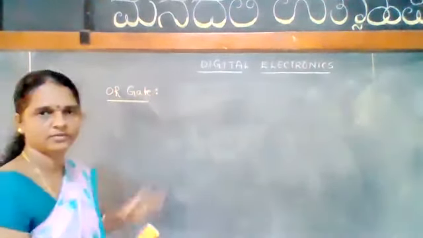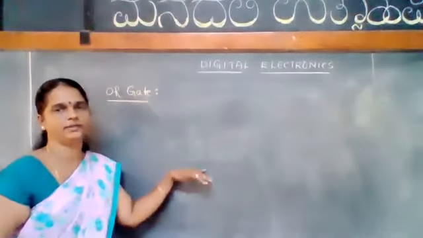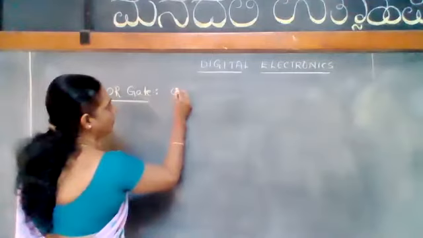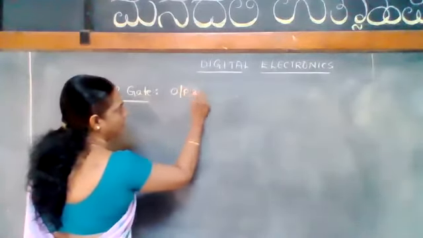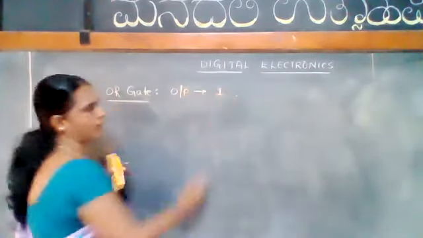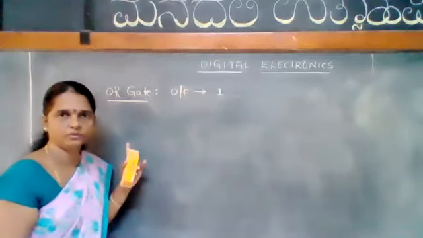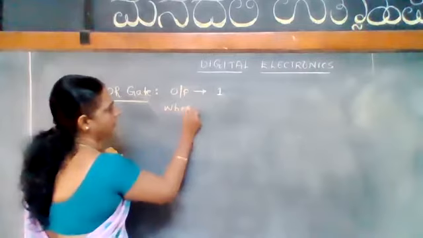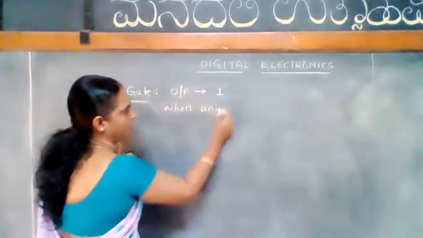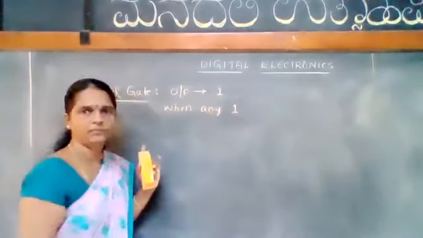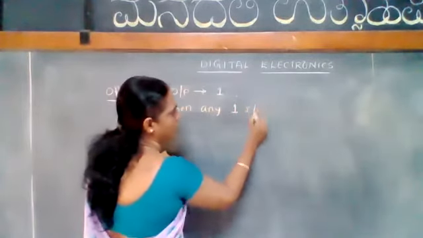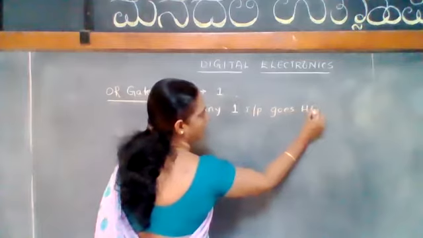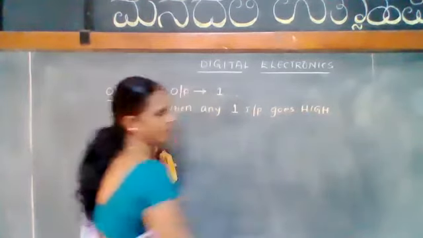This gate is also called the one-and-all gate. That means the output of this gate goes high when any one input goes high.